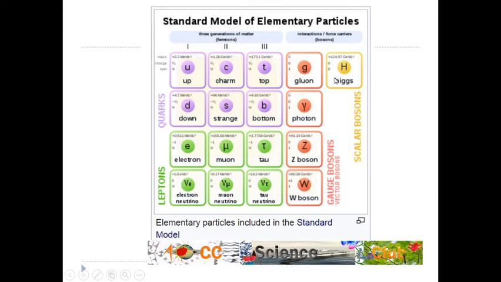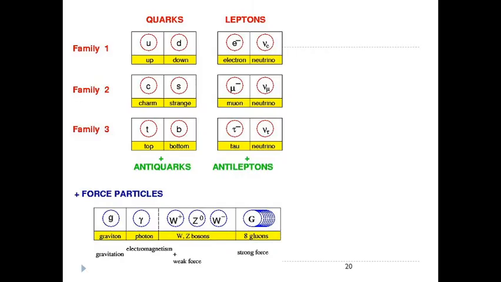And this is the very famous Higgs boson. So these 17 particles are the elementary particles of the standard model. This is another diagram showing the same thing as the earlier one. There are three families.